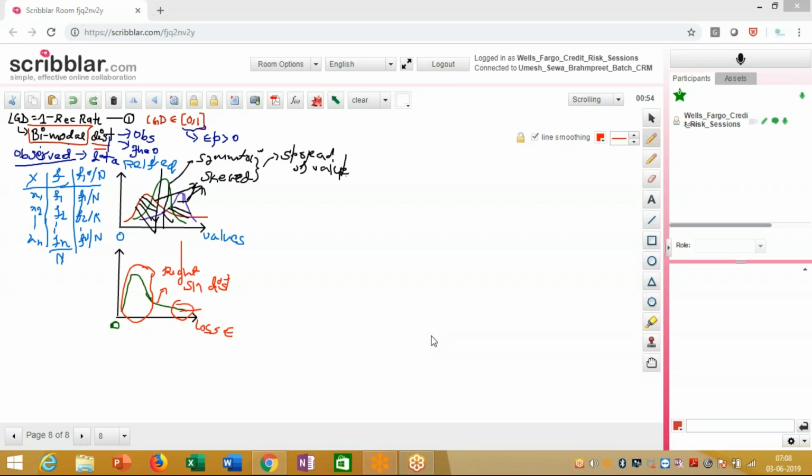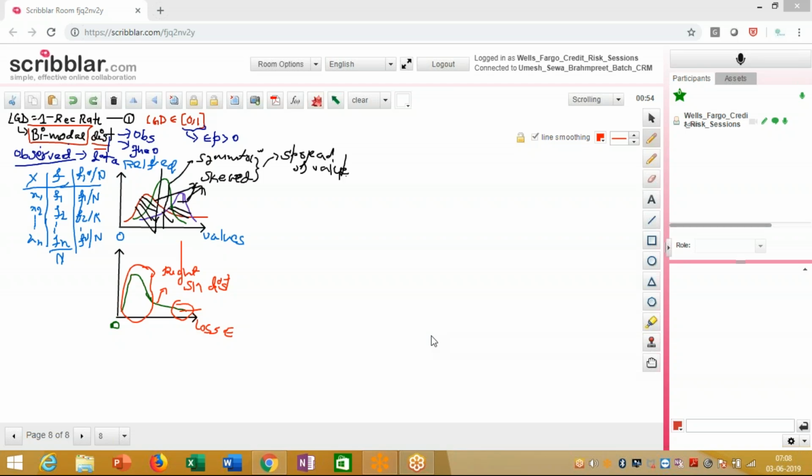However, our key objective always remains to ensure that the distributions that we are working with become symmetric in nature. So we will always want our distribution to be symmetric in nature, right?